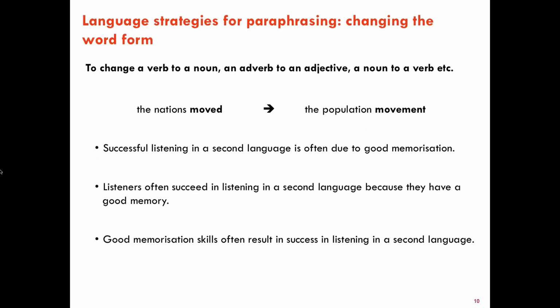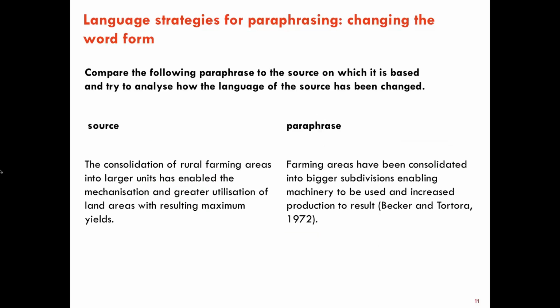If you've tried to write a close paraphrase based on your memorized understanding of the source, but are still having difficulty, you can try some language strategies to get you started. For example, you can select one element of the original and change its form, say from a verb to a noun. This will have a flow-on effect, and you'll need to change other words and phrases to make your new sentence work. Here's an example.